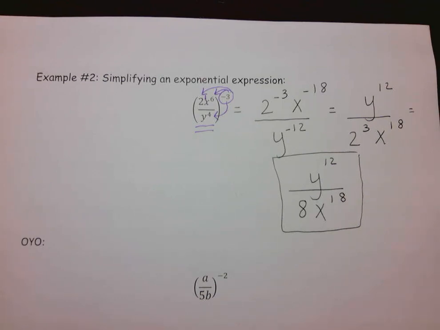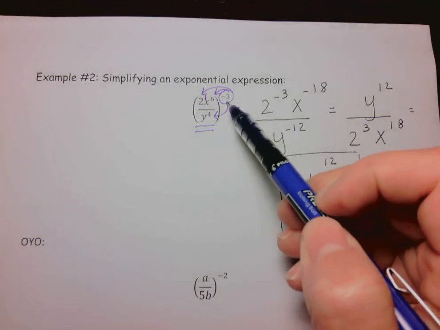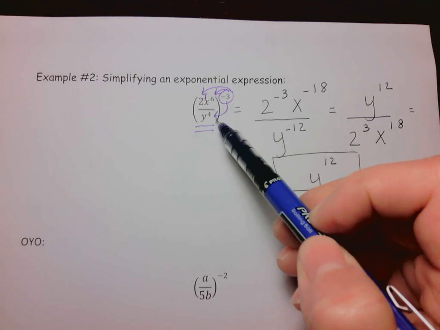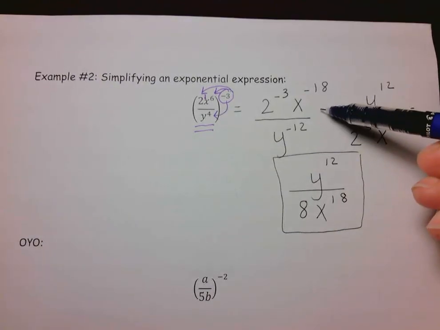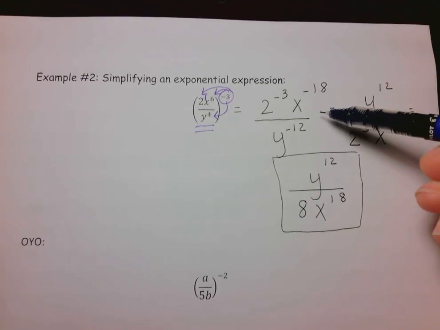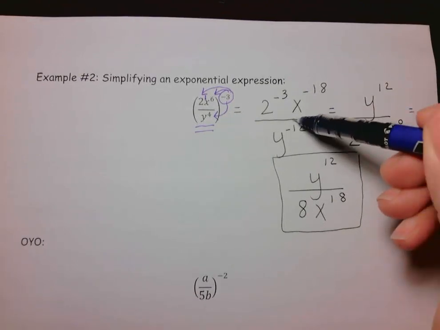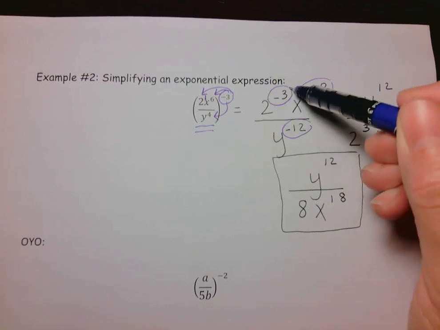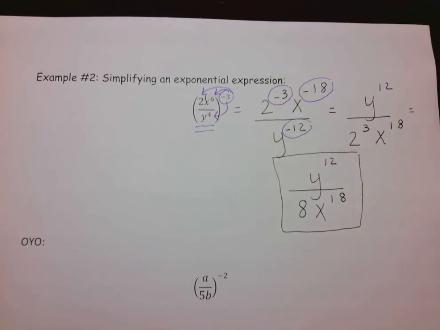So I need to multiply this -3 with every exponent that's inside the parentheses. And when I do so, this is what I end up with. But now everything that has a negative exponent needs to be moved to the other side of the fraction line. And then I can reduce 2 to the third power, which is 8, and that's my final answer.